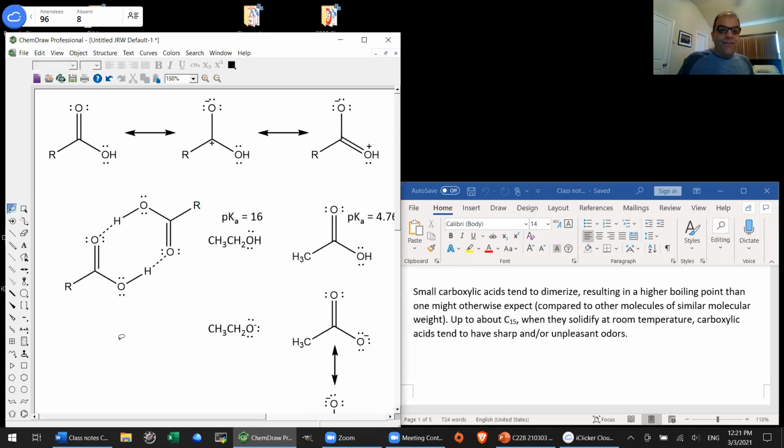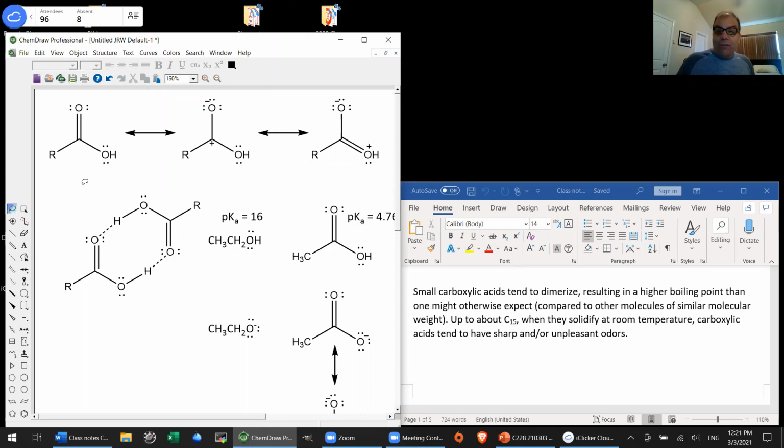And the effect of all that is, in order to make the carboxylic acid change state, either from solid to liquid, what we call melting, or from liquid to gas, which we call vaporization or boiling, we have to disrupt these hydrogen bonds. Again, we're not breaking covalent bonds, of course, but we have to disrupt those hydrogen bonds, and that takes energy in the form of heat in order to do that.